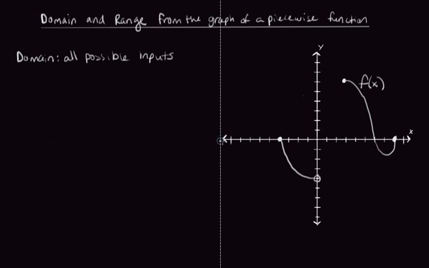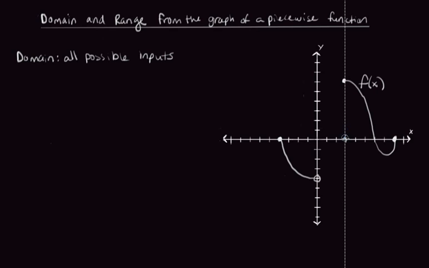Well, I'll write it in a minute. So we have -4 all the way to 0, right? This is 0 on the x, but we're not including 0. There's an open circle, which indicates we're not including that point. So from -4 to 0, but not including 0. And then this starts at 3.